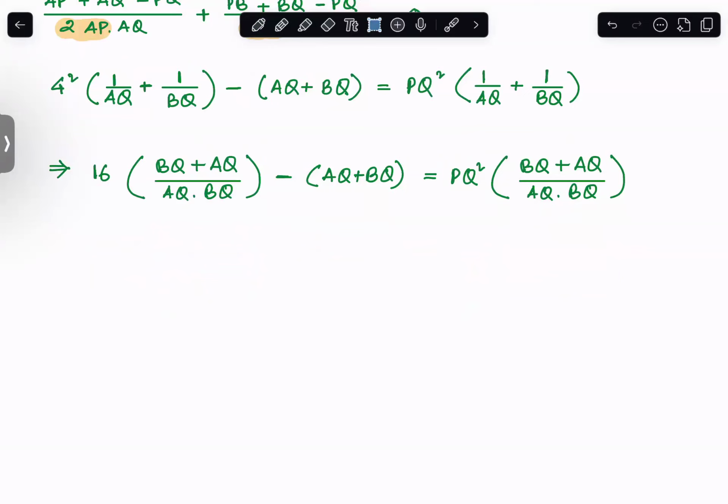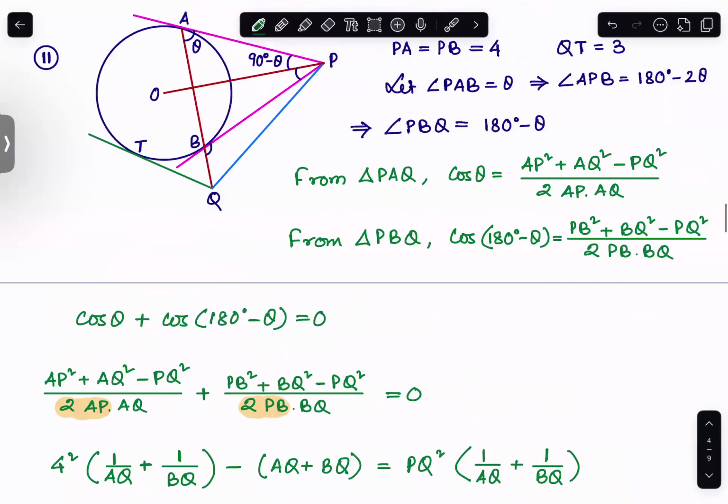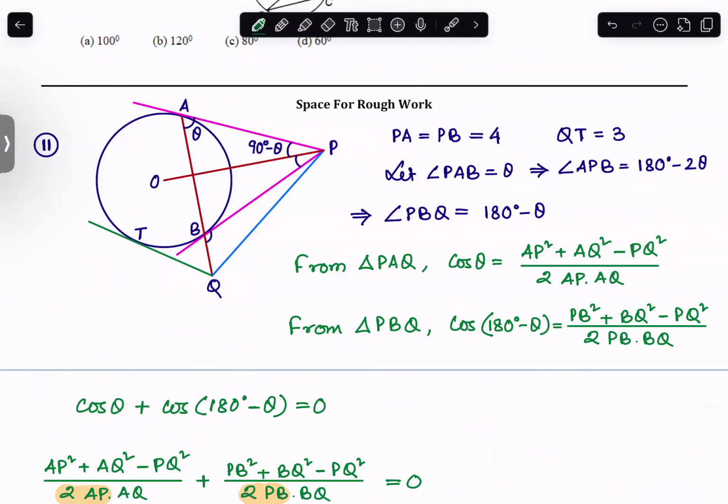Clear? So what we are getting as common of these three terms? AQ plus BQ. Q being a point on the extension, so PQ whole square is same as QA into QB.